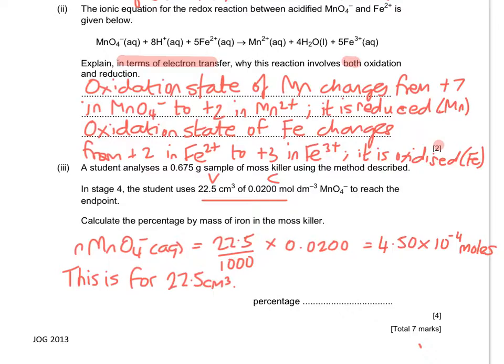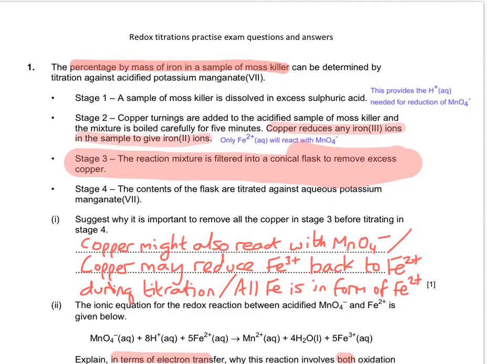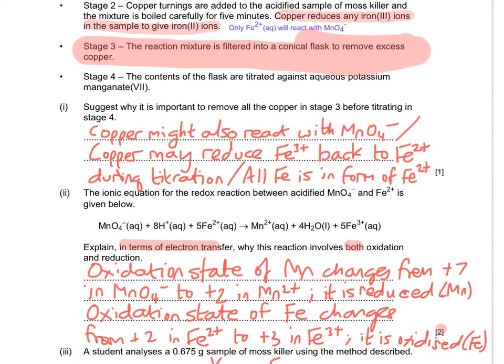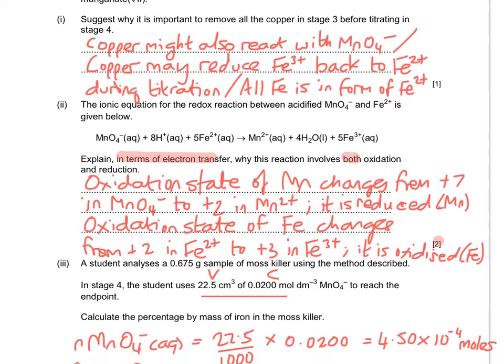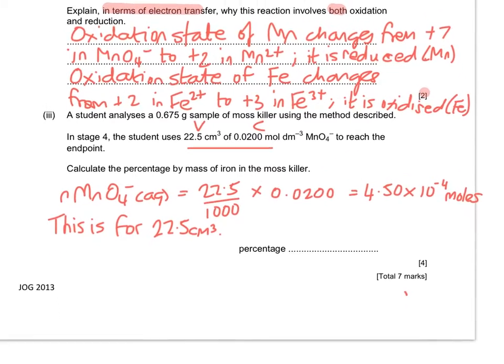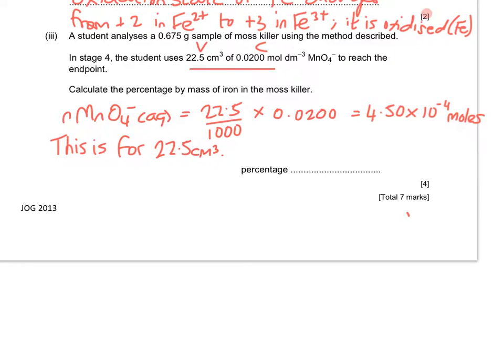If we look back at the rest of the question, and reading it carefully, this time they haven't actually said anything about what the total amount in the volumetric flask was, but we have got 0.675.